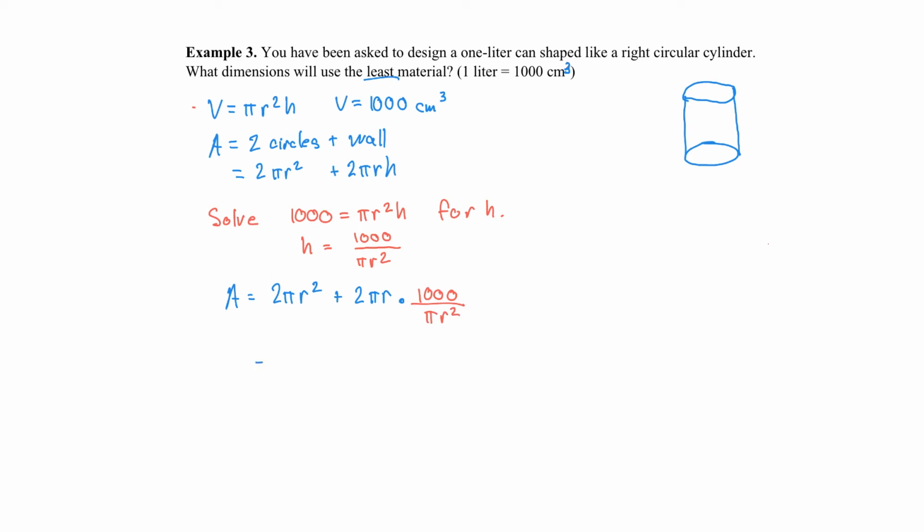Let's clean this up a little bit. Nothing much we can do with the first one, so that's just 2 pi r squared. We have a cancellation of the pi's, and a cancellation of the r on top with one of them on the bottom. So we have plus 2,000, 2 times 1,000, divided by r, or since we're taking the derivative, 2,000 r to the minus 1.